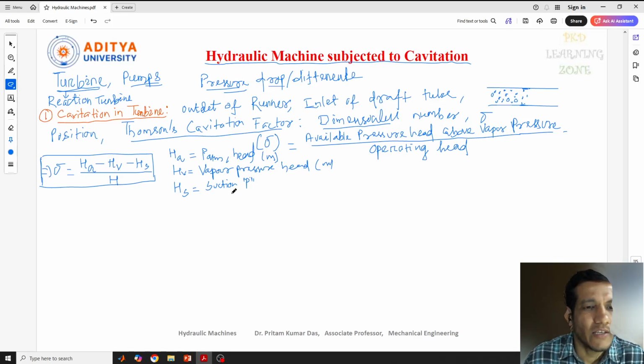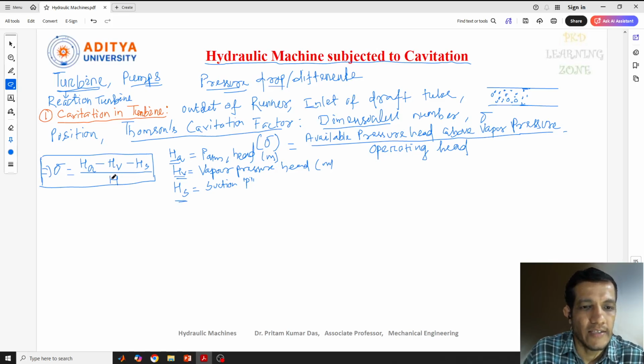So from these we are able to calculate the cavitation factor. In this we first need to identify the head value at the atmospheric pressure HA, the head value at the vapor pressure, and the head value at the suction pressure.